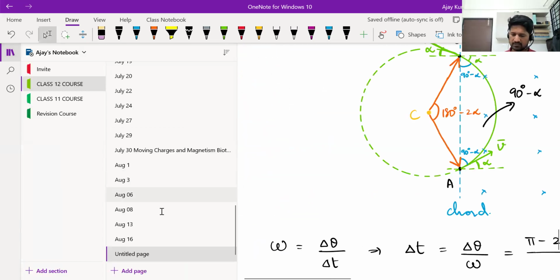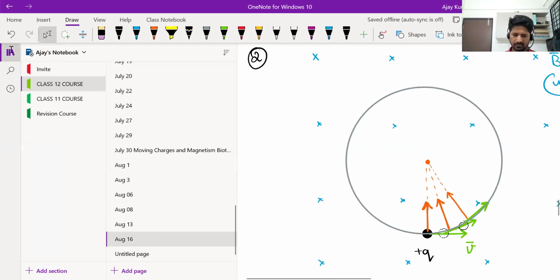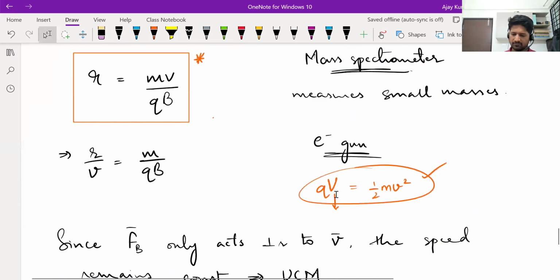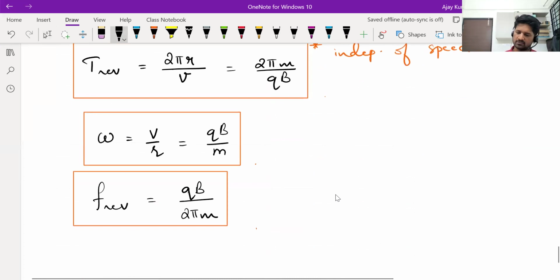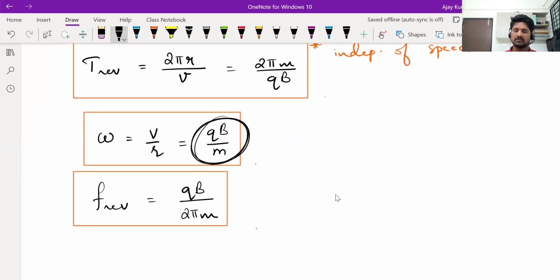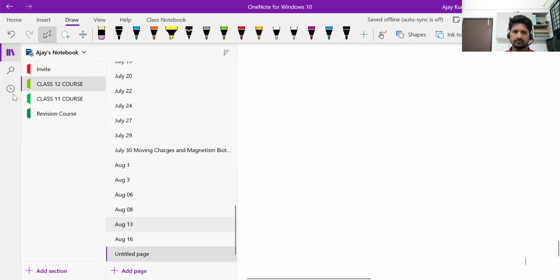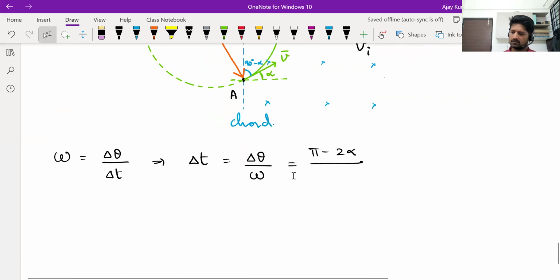We had discussed that in the last class. We know r is mv by qb. So omega, which is v by r, becomes qb by m. That's the angular velocity with which the particle rotates inside the magnetic field. You can use that. Divided by qb by m. The answer will be same whichever way you solve.